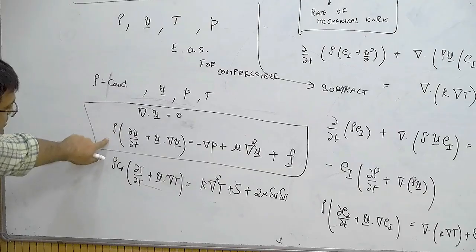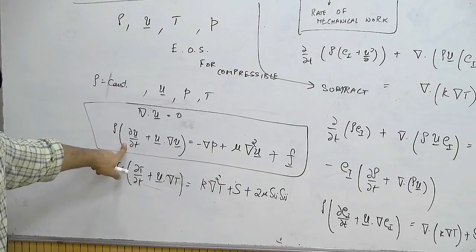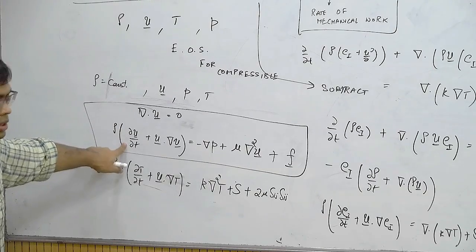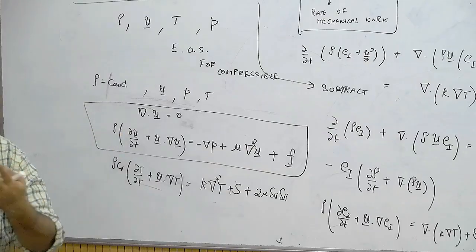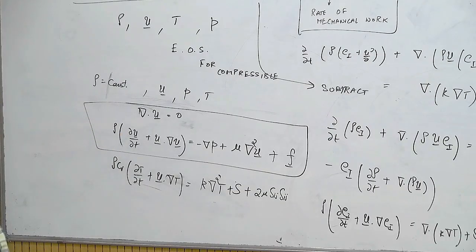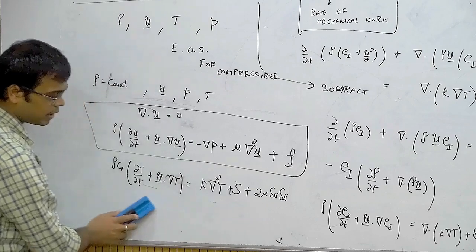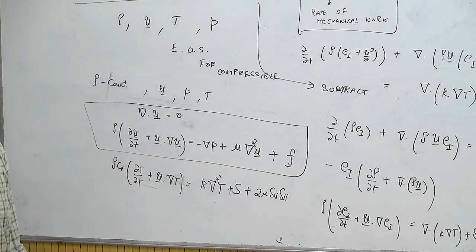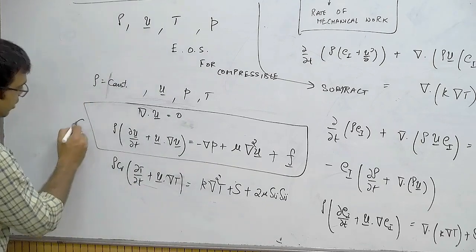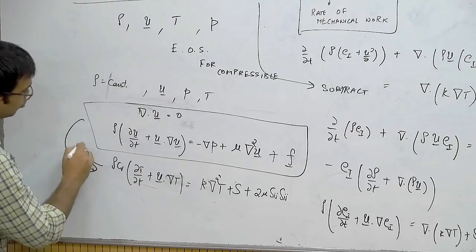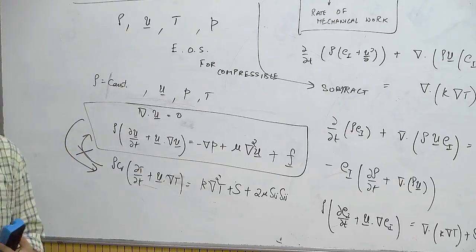There is no temperature appearing in these. So the temperature is not going to affect your dynamics. The flow dynamics are not affected by temperature, but the flow dynamics do affect how the temperature field gets transported. So there's a one-way coupling in this system. The two-way coupling is absent so far.